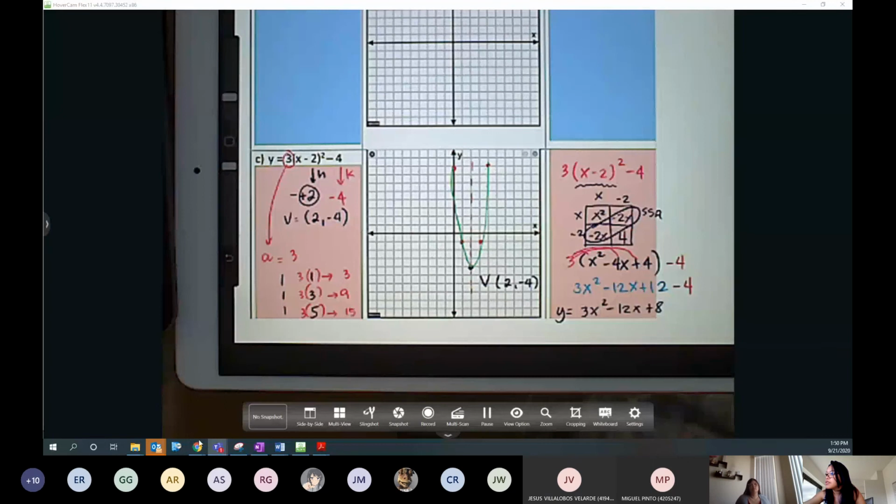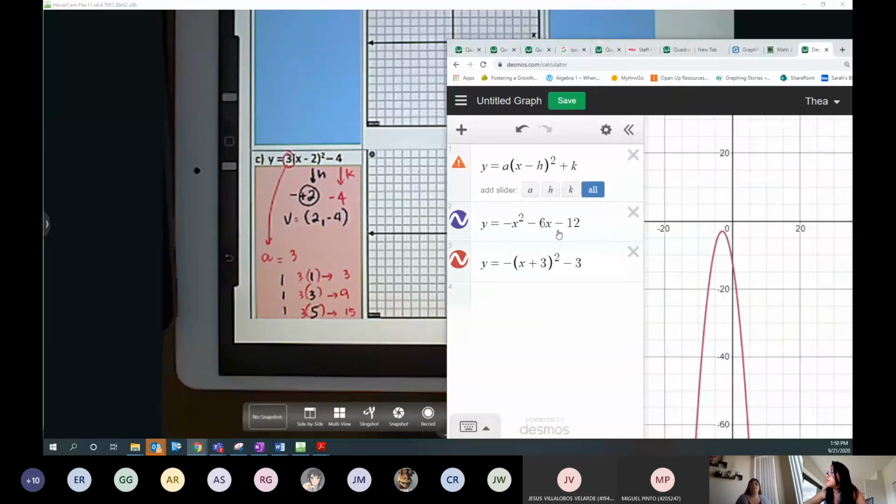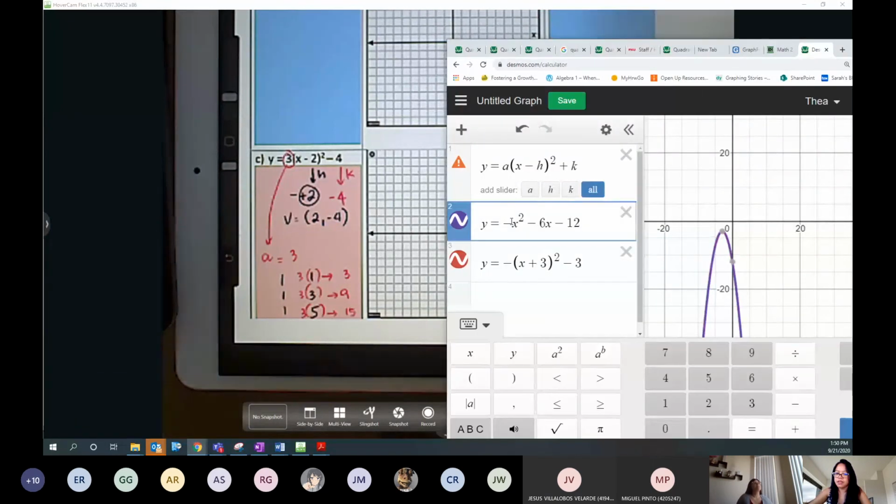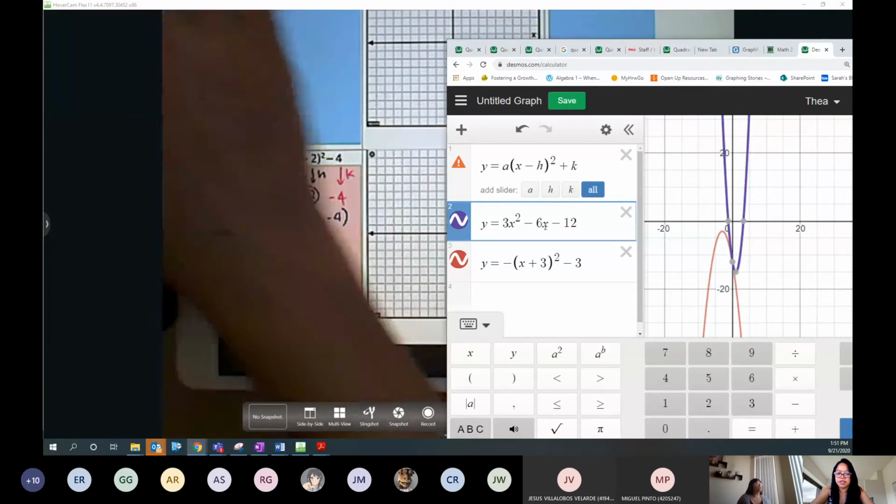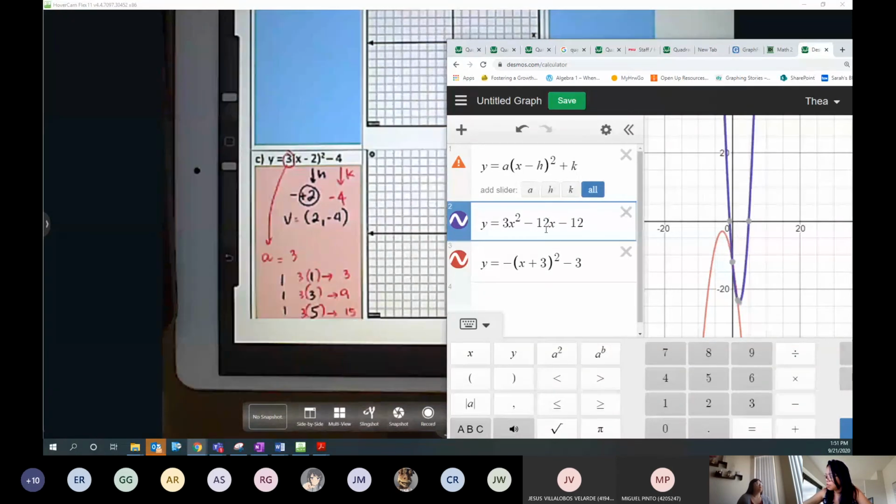So let's check. So 3x squared minus 12x plus 8.